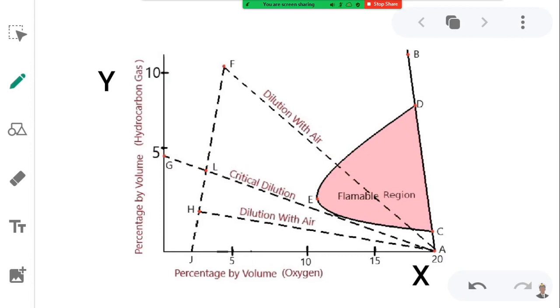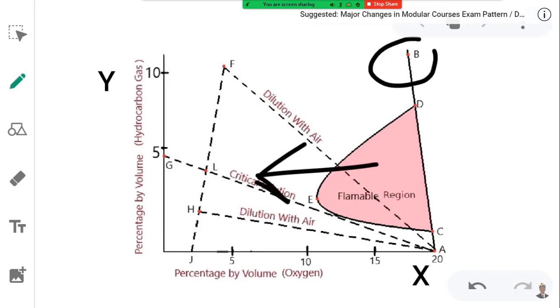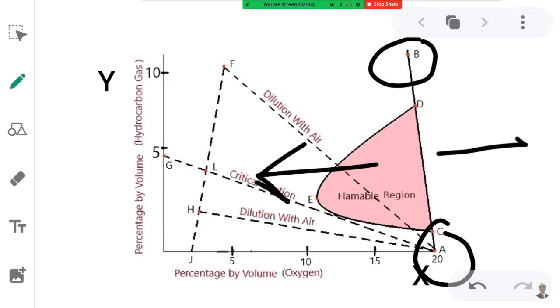So guys, before learning how to draw the diagram, let's first have a look at the line AB, which represents the concentration of mixture that includes air and hydrocarbon gas only, that is this line. All the points to the left side of the line AB include inert gas in the mixture, and the right side of the line AB and the line AB itself don't include inert gas.